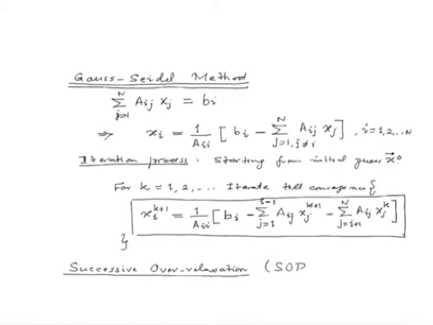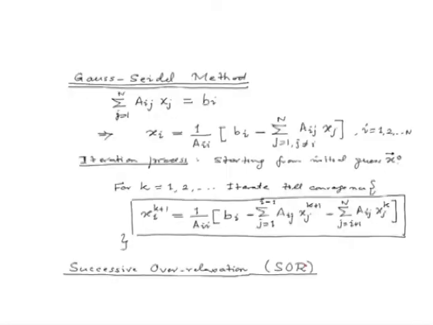It is popularly known by its acronym SOR. And what is the fun about this successive over relaxation technique? It says, look, whatever value or iterate or the new solution which we have obtained, this x_i^(k+1) by Gauss-Seidel iteration, do not take that as a final value.